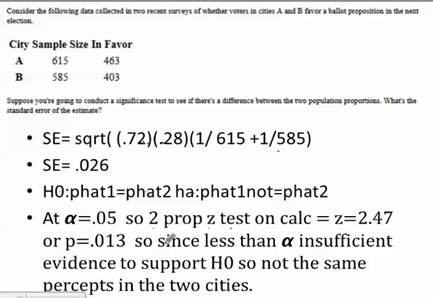On a calculator, when I key these things in, I get a z-value of 2.47 and a p-value of 0.013. Since this p-value is less than our alpha, there's sufficient evidence to reject H0. So the perception in the two cities is not the same. That's the way you would do the hypothesis testing.